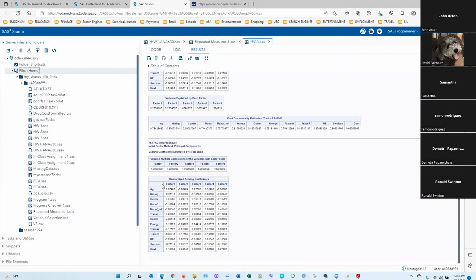You don't write it the other way now. You write agriculture in terms of the factors: agriculture is written with these loadings times factor 1, plus this one times factor 2, plus this one times factor 3, and this one times factor 4, like that. Those factors are unknown. These are latent. We don't know which factors are going to affect agriculture, the gross state product.